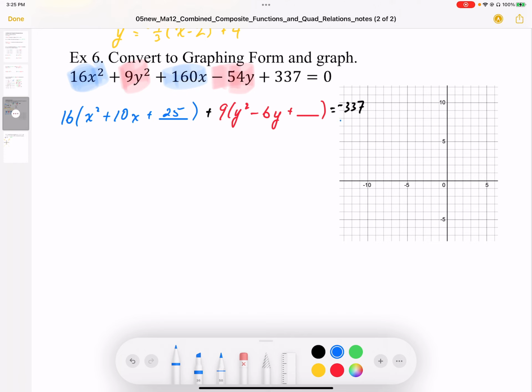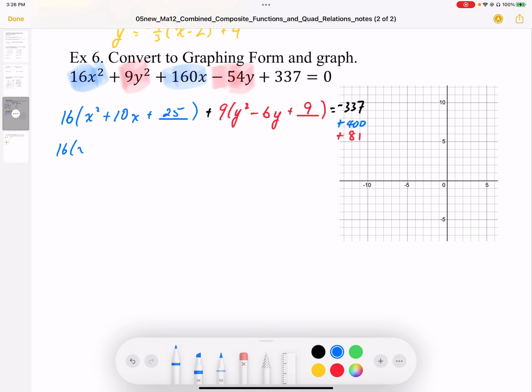That's going to mean I have plus 16 25s, which is 400. I'm going to complete the square here. This is going to be 9, but I have 9 groups of 9, which is 81. So I need to add 81 to the other side of the equation. So I can then simplify this.